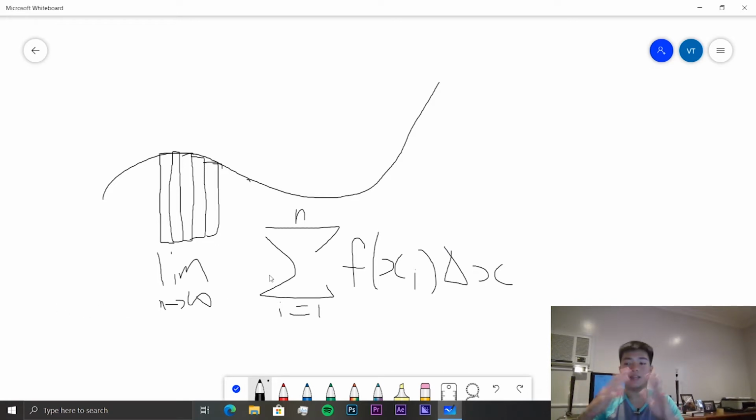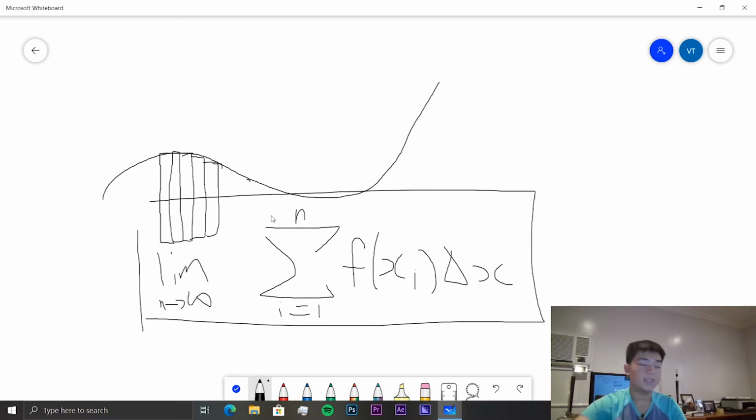Then we get an infinitely precise area. It can be proven that the area under the curve is given by this, and this is related to the integral of the function. The proof you don't need to know.